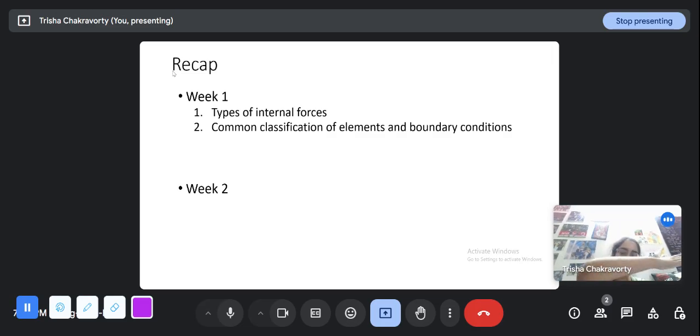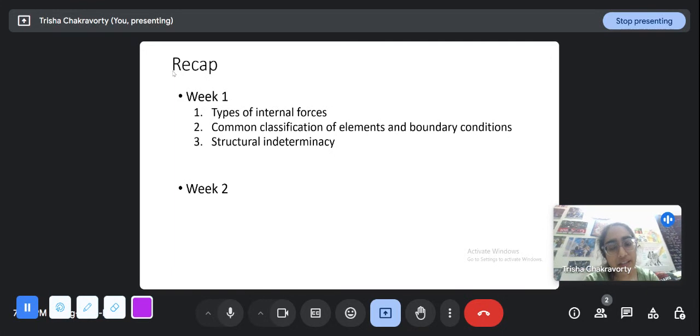So if it is pinned at this point, the beam is free to do this. But if it is fixed at one end, then it can neither displace in any direction nor rotate in any direction. So a fixed support is capable of providing the force in the x direction, y direction, and also a restraining moment in the z direction.